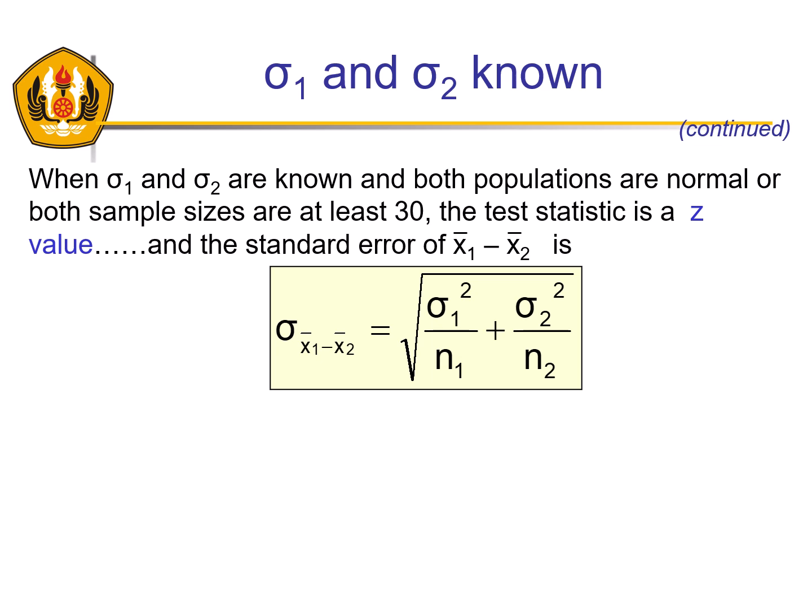So when sigma 1 and sigma 2 are known and both populations are normal, or both sample sizes are at least 30, then we can use the test statistic Z. We can also compute the standard deviation of the difference of the means, or actually the standard error because it includes n in the formula. It is the square root of sigma 1 squared over n1 plus sigma 2 squared over n2.